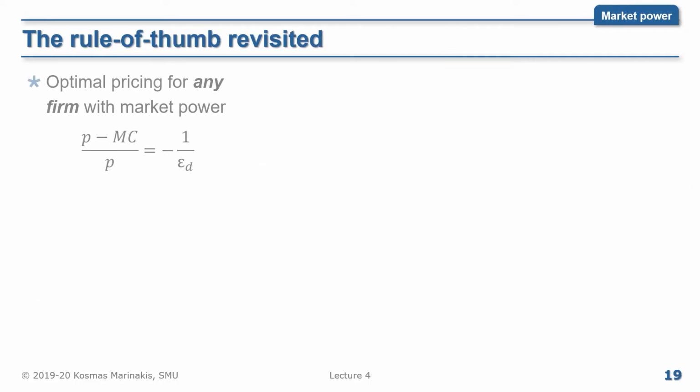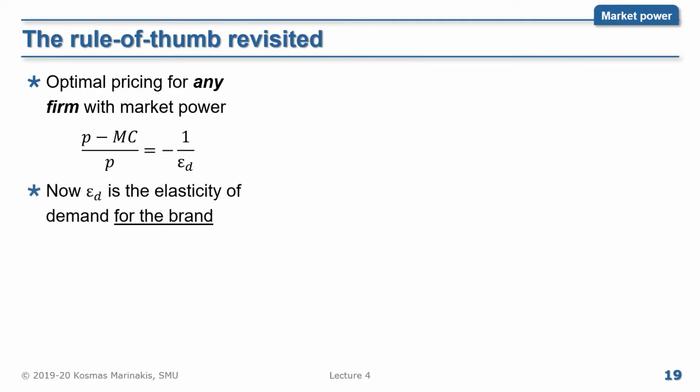All right, so the rule of thumb, one more time, goes for any firm with market power. Now, in this case, ED is the elasticity of demand for the brand.